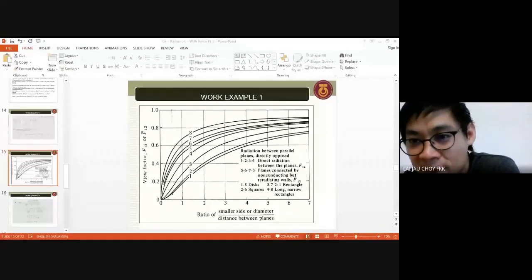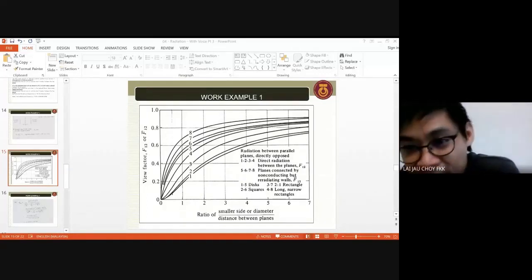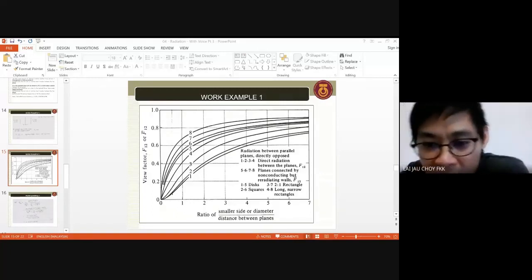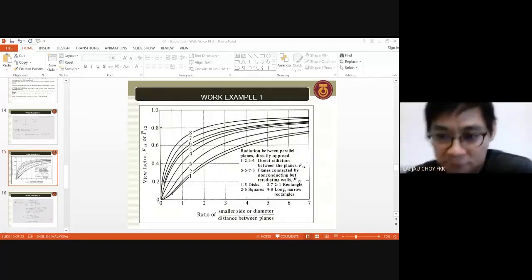All of you say 4. Any other answer? If I were you, I would choose curve 1 or curve 2.